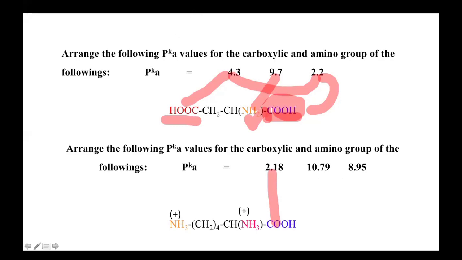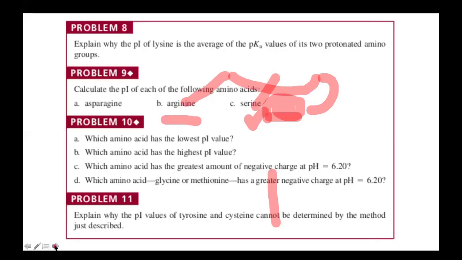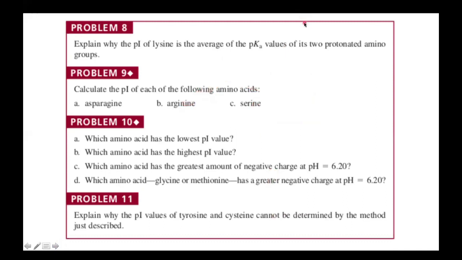You just try this, as it is a type of question you will see in your early days. Here is one part where you are asked to calculate why the pI of lysine is the average of the pK values of the two protonated amino groups, since they are basic amino acids.